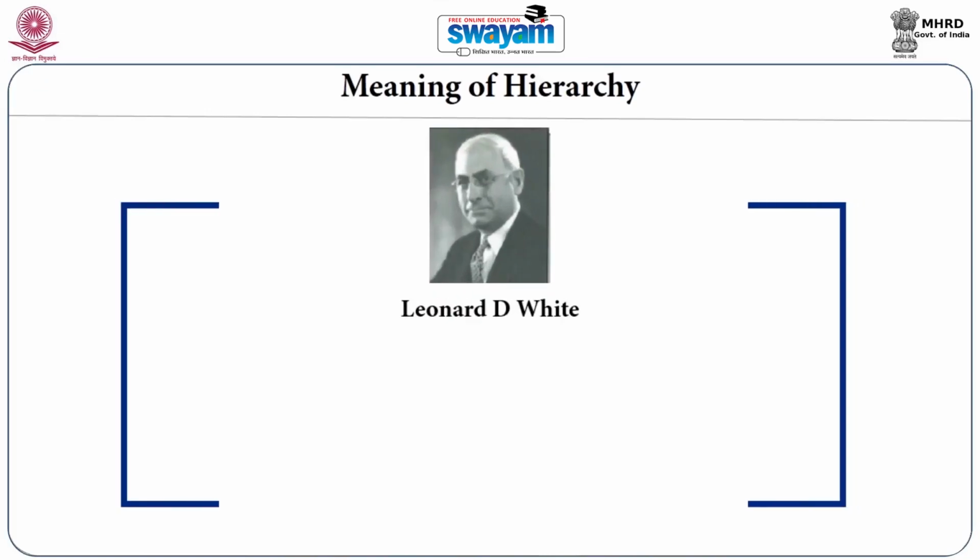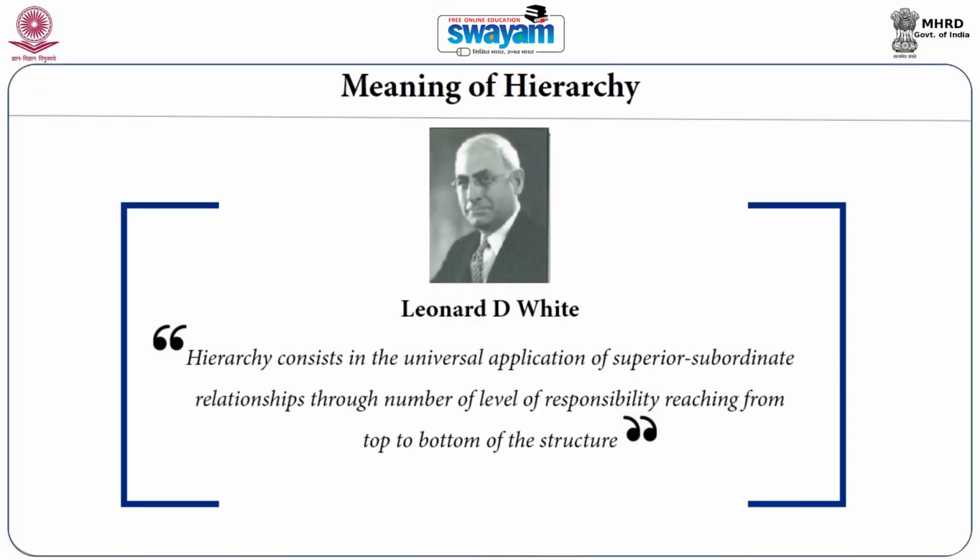Students, now let us look at some of the meanings and definitions given by different scholars in public administration. I will read out each one by one. First, we will see what L.D. White says about hierarchy. For him, hierarchy consists in the universal application of superior subordinate relationships through a number of levels of responsibility reaching from top to bottom of the structure.